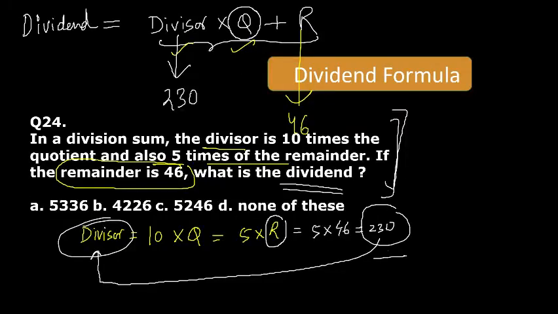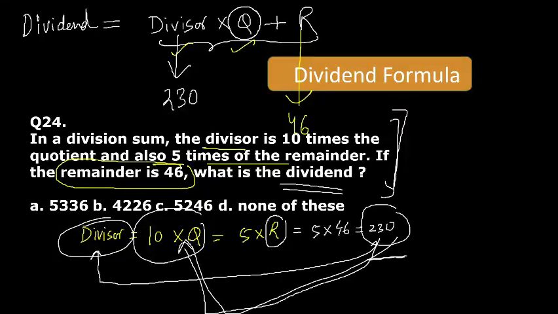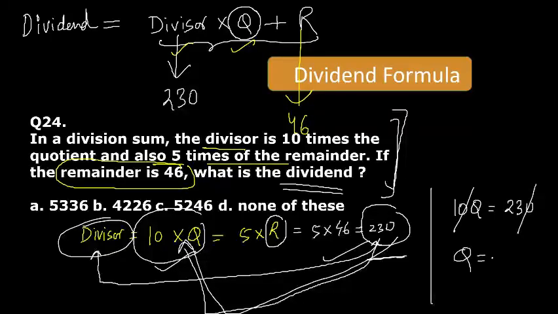This is also equal to 10 times the quotient, so we can easily find the quotient. 10q is equal to 230. The 0 will be cancelled out. The quotient will be 23.